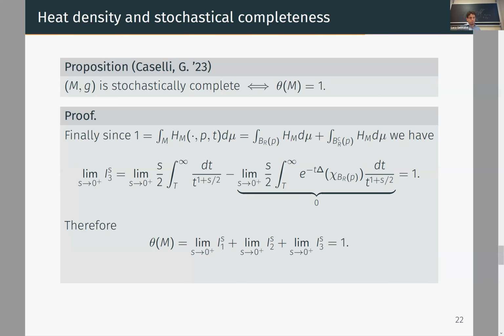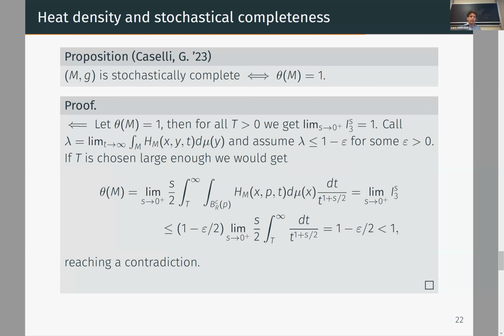So this was the first arrow. Actually, if theta of m is 1, you also get that the manifold is stochastically complete. Why? The first two pieces are zero no matter what, regardless of stochastic completeness. One is the local time behavior of the kernel, and the second is the fact that it doesn't increase the infinity norm.